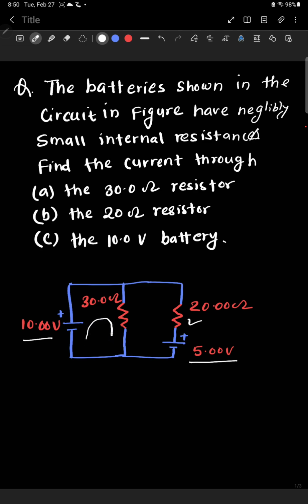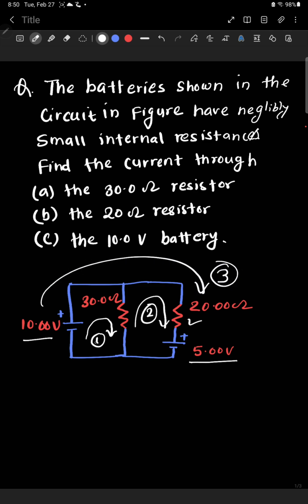This will be my first loop, the second loop is right here, and loop number three is this one. I can also go anticlockwise, but either way is fine. I will be getting the same answer. That's why I'm going through this process.